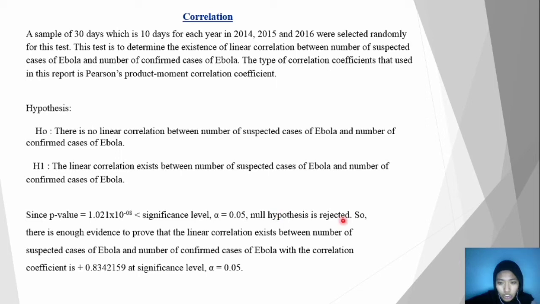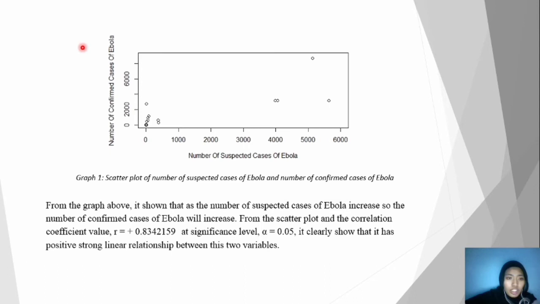So there is enough evidence to conclude that a linear correlation exists between the number of suspected cases and the number of confirmed cases, with a correlation coefficient of positive 0.834159 at alpha 0.05. This is the scatter plot for the correlation test.